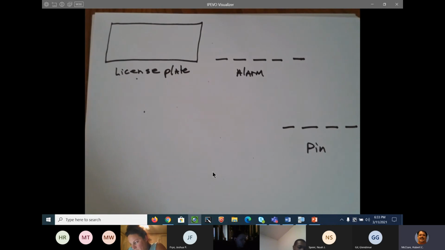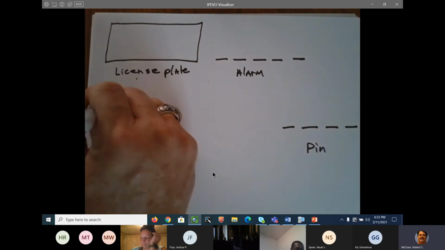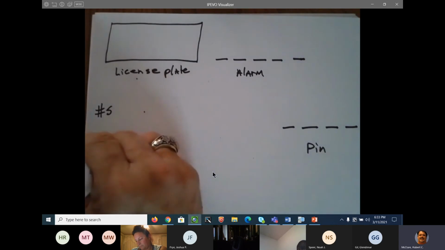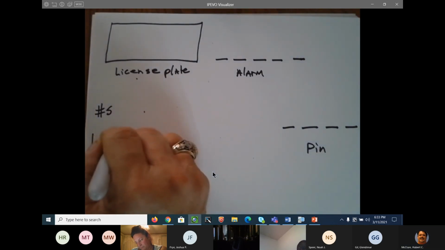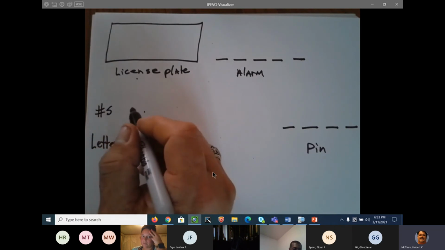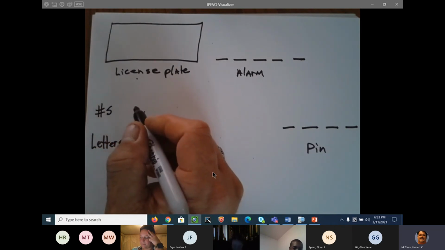Now, what's the only 2 things that we use for license plates and pin codes and alarm codes? Numbers and what? Letters. So write that down. The only thing we use is numbers and letters. How many numbers are there? Now be careful because you're not thinking of 2-digit numbers.